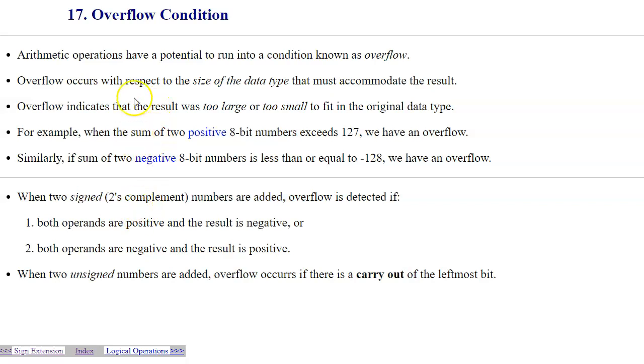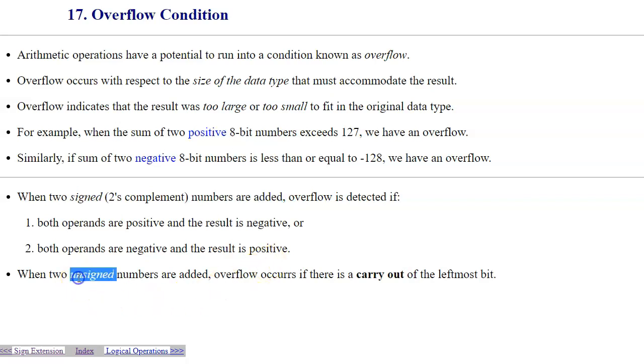So when do we know that the overflow is taking place? Simply when both operands are positive and the result is negative, or when both operands are negative and the result is the opposite sign, which is positive. So when the resulting operation yields the opposite sign when we do the addition, this is an indication of the overflow.